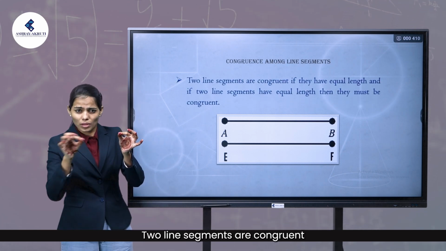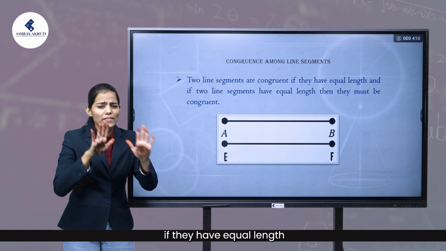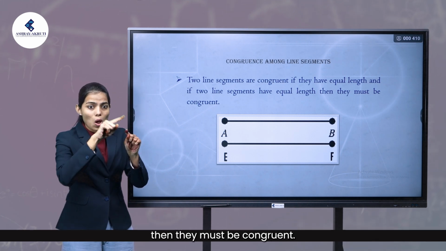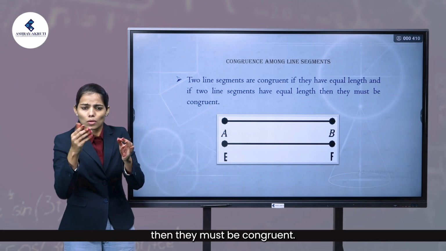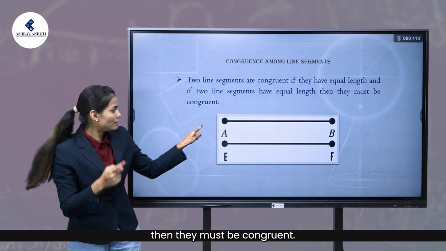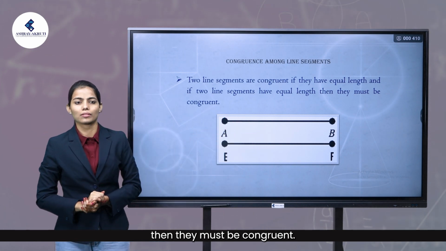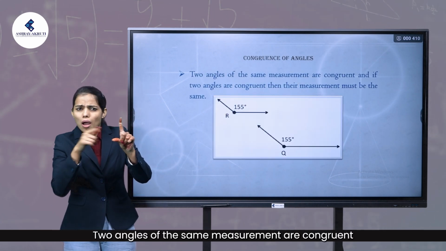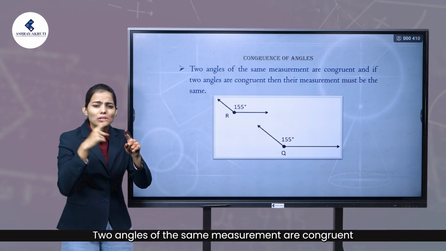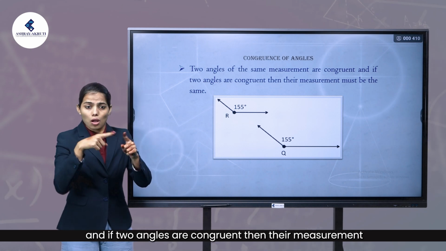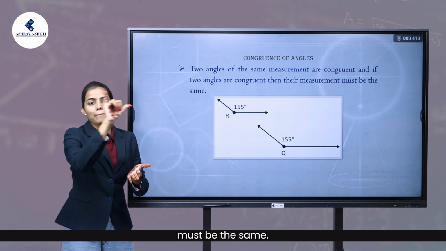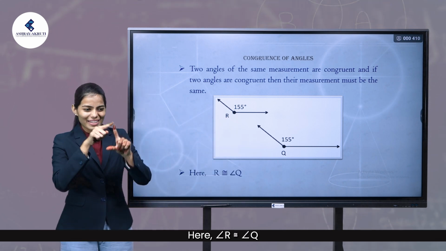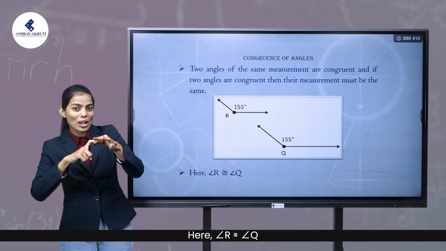Two line segments are congruent if they have equal length, and if two line segments have equal length, then they must be congruent. Congruence of angles. Two angles of the same measurement are congruent, and if two angles are congruent, then their measurement must be the same. Here, angle R is congruent to angle Q.